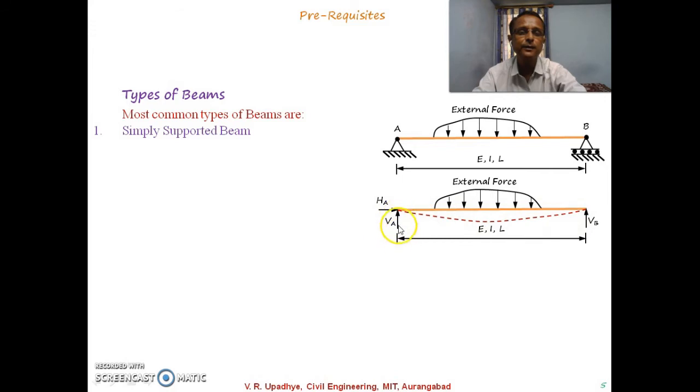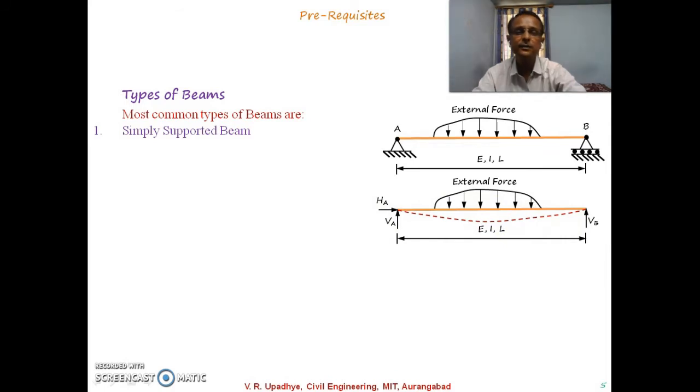And due to the two reaction components at this joint A, the vertical deflection and horizontal deflection is not permitted at this joint. Over here at roller support, there is one reaction which is vertical, so this deflection is not permitted. But rotation at these two joints is permitted.